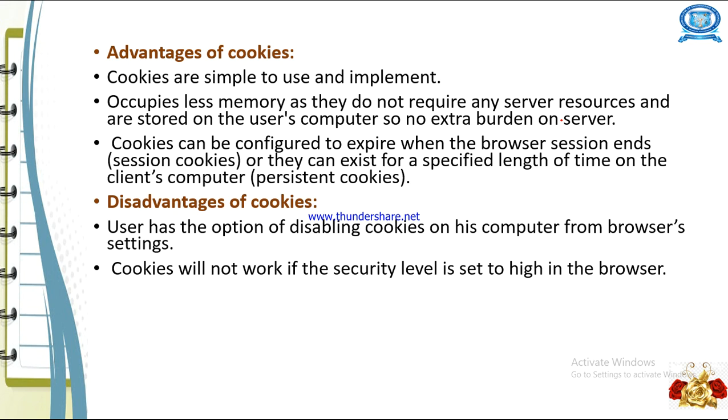Session cookies and persistent cookies are used. The disadvantage is that the user has an option of disabling cookies in the browser settings on his computer. It will not work if the security level is set to high in the browser. These are some of the advantages and disadvantages of cookies. Here a user can also delete the cookies.